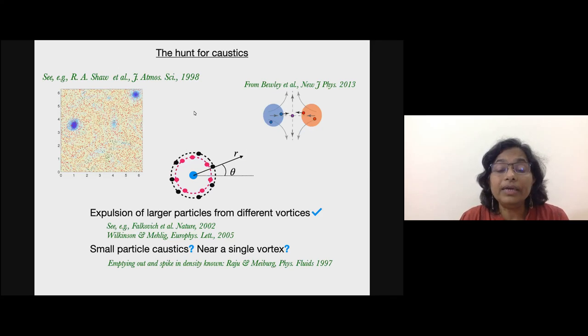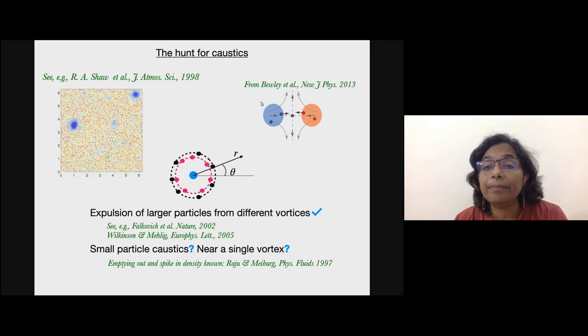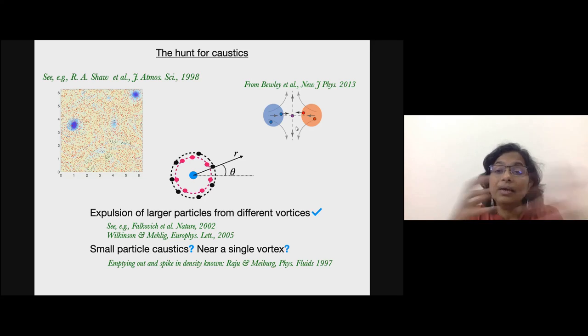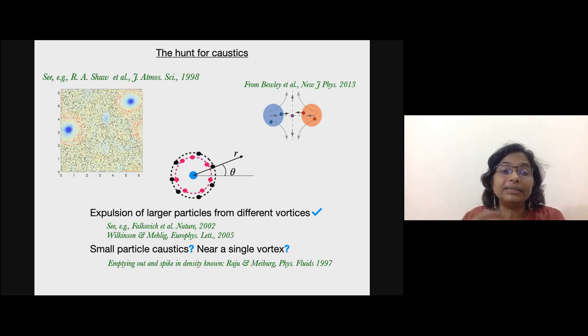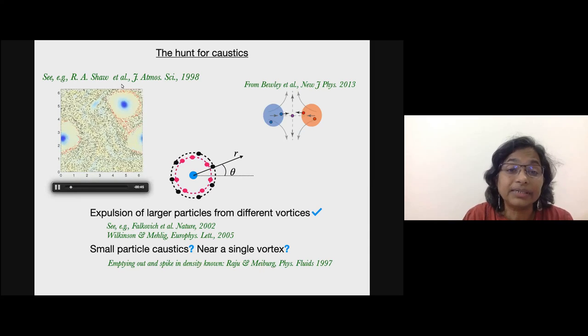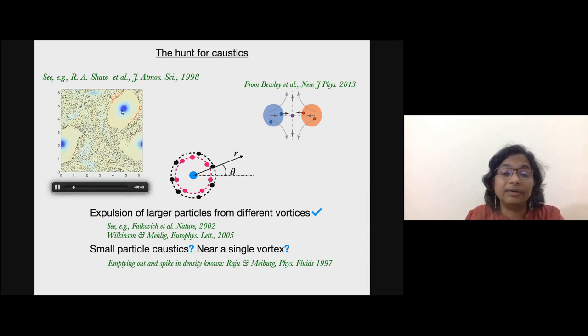So we know about the hunt for caustics. A lot of people have been looking for caustics. What are caustics? For example, in this paper by Bewley et al., you'll see that there are two big vortices and teeny particles are getting centrifuged out of these vortices. We know that inertial particles get centrifuged out of vortices and they form voids near vortices.